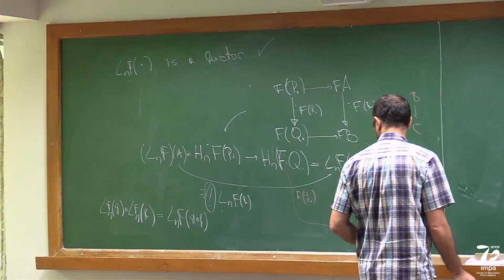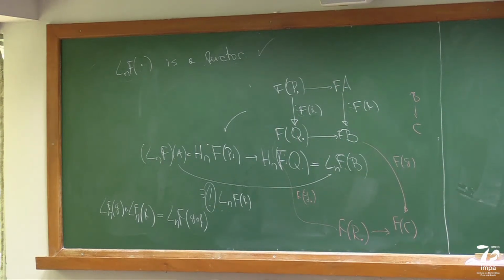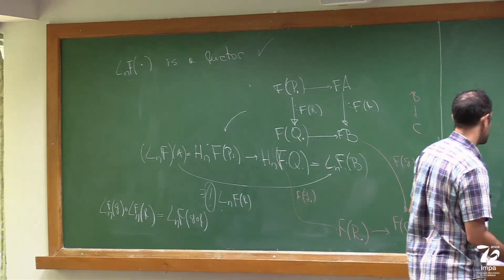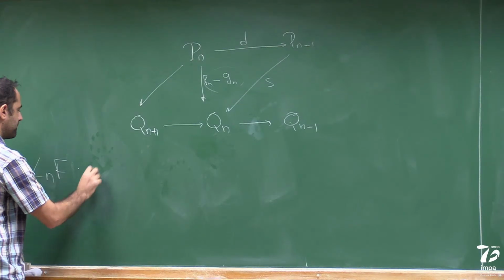So we have that this L_n F, this derived functor, is a functor. Let's check that it's additive. But this is obvious. So L_n F is an additive functor.